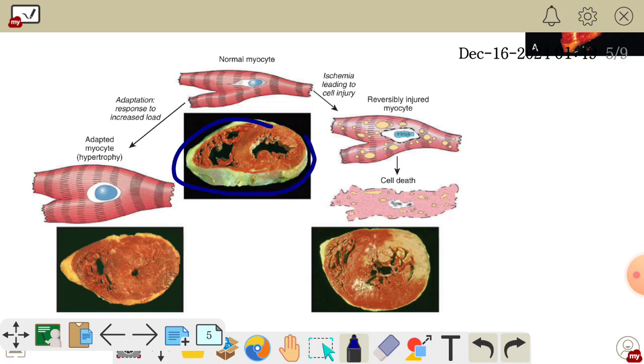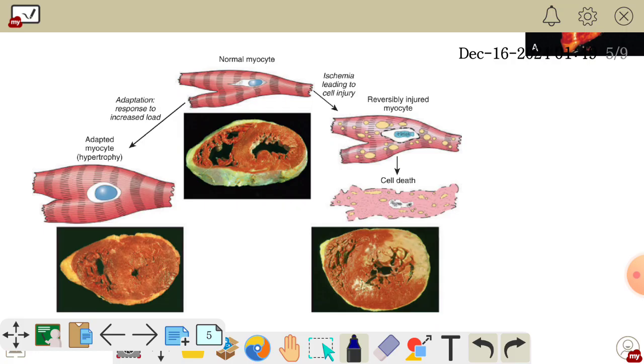So this is a normal heart, that is the normal myocyte, and then in an event where the cells have become large or they have hypertrophied, the heart will look like that. So the lumen will be somehow reduced in size.